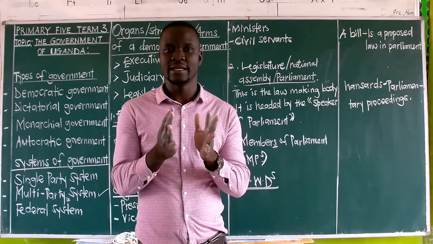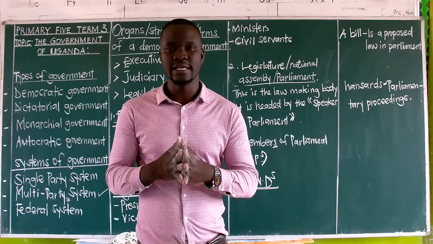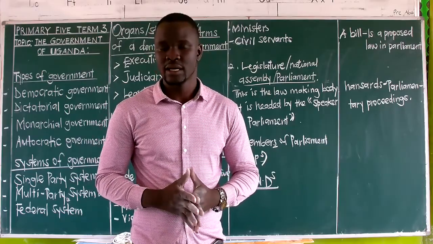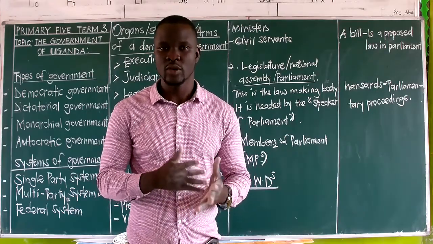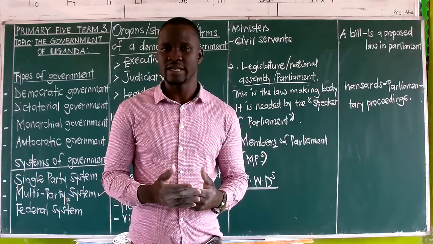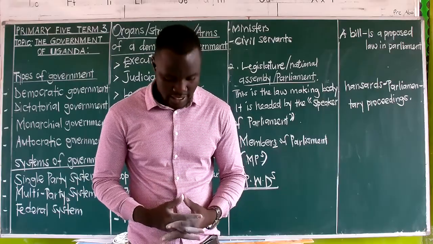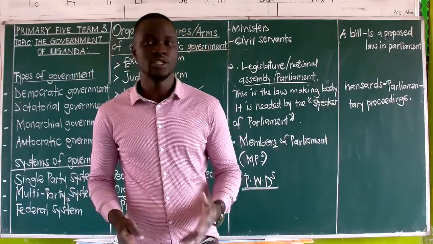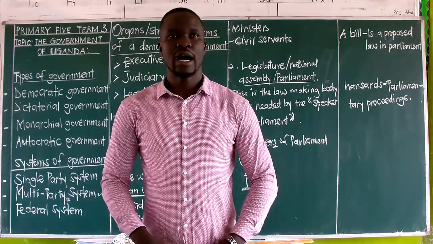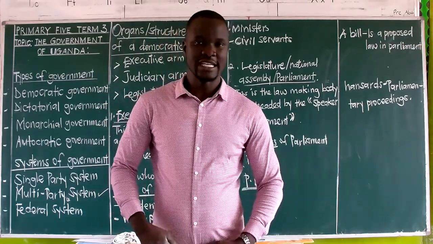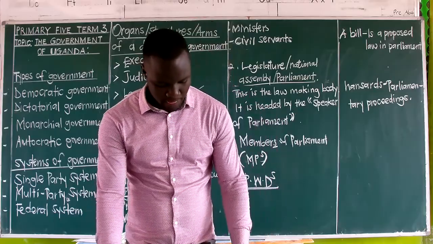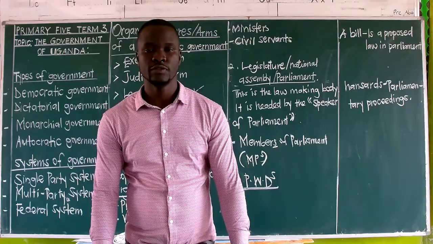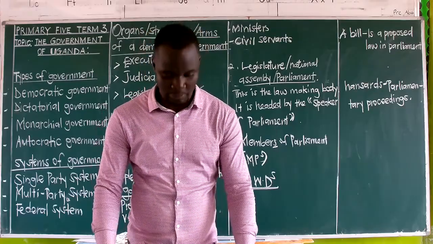This is the person who leads or escorts the Speaker of Parliament to take up his or her seat, and he is also responsible for ensuring security in the Parliament, such that when the members of Parliament are discussing issues in the House, no other people can bring insecurity to them. They are safe. All those are the people who form the Parliament leadership.